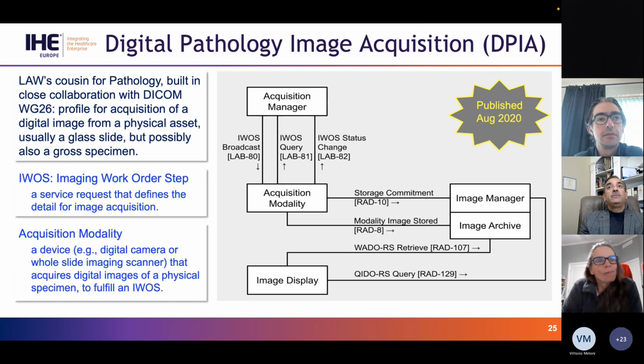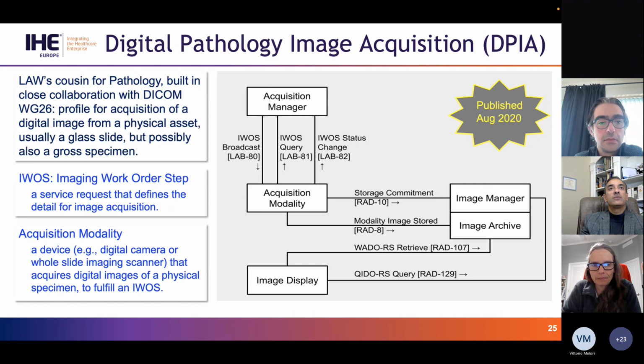All right, so this is DPIA. This is the one that's been published and identifies how to acquire a digital image from a scanner. The acquisition manager, again, to remind you, is the software that interacts directly with the scanner.